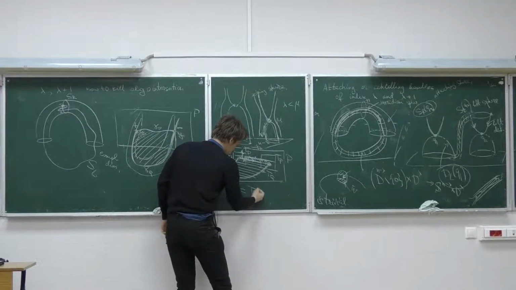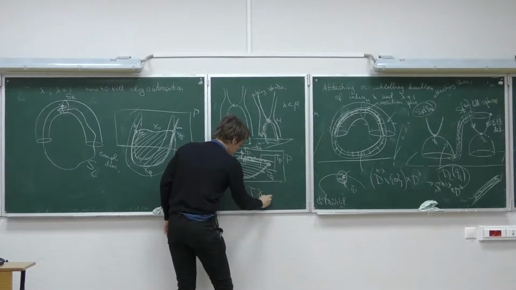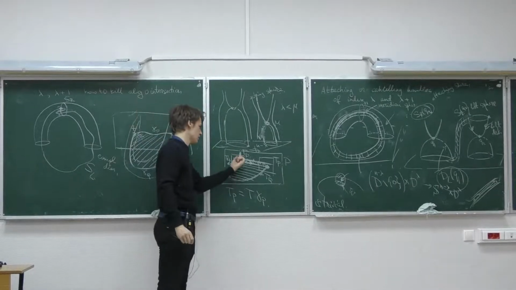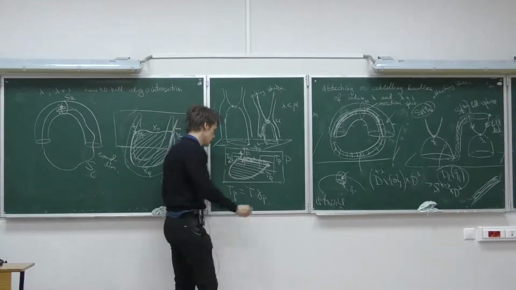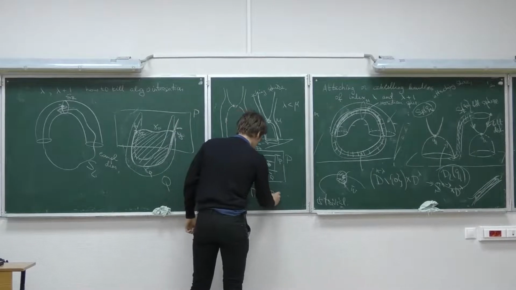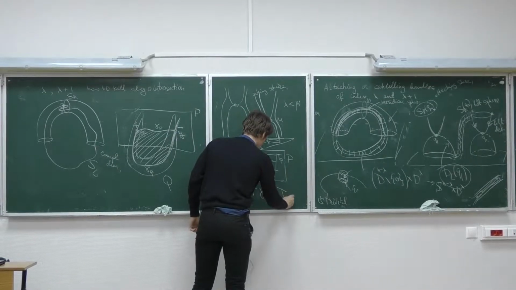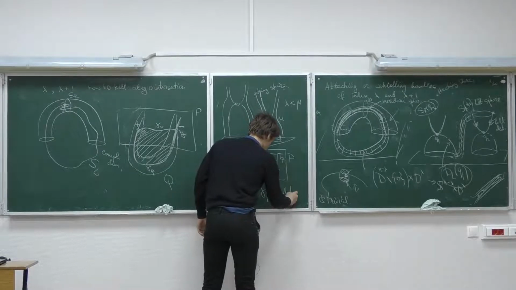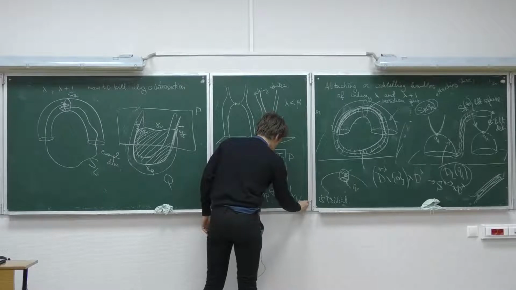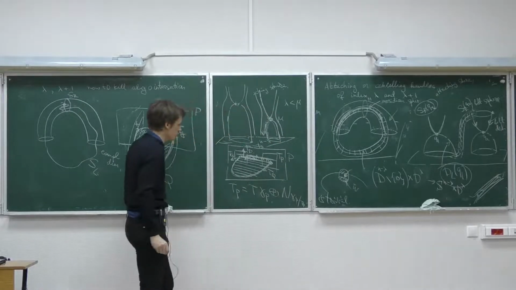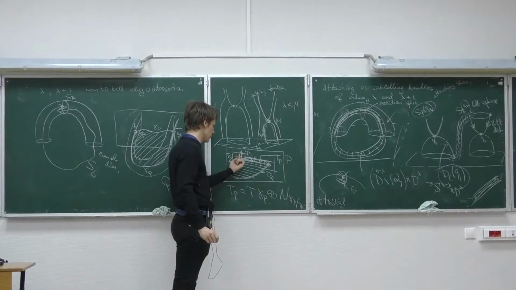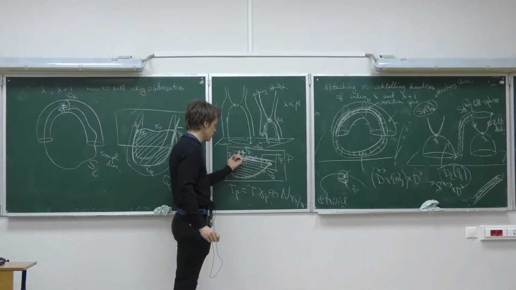passing through P, so the tangent space to gamma P. It is one-dimensional, and the corresponding complementary part, the normal space to the curve in T of P. So you have this kind of decomposition.